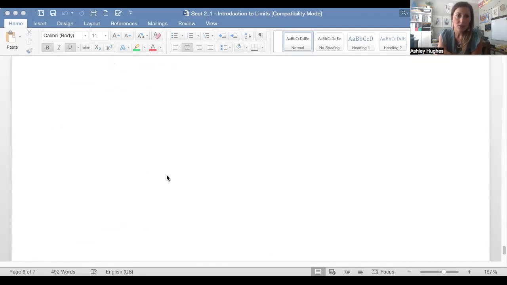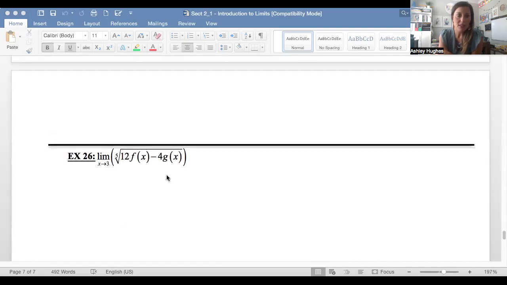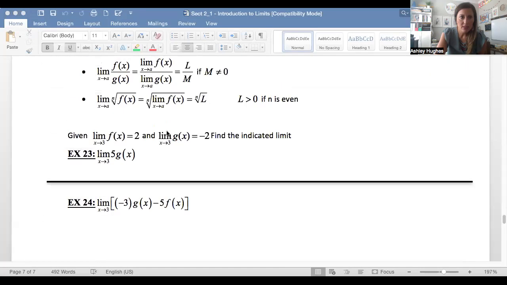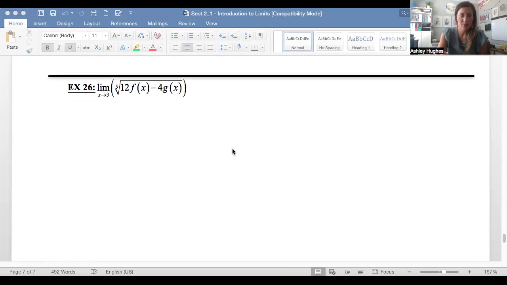And then cube root, and this is our last problem. So let's see, the fifth root of 12 times, wait, what's f of x? I think it was 2. Should have looked. F of x is 2 and g is negative 2. Okay.